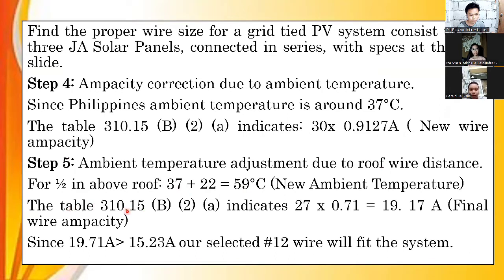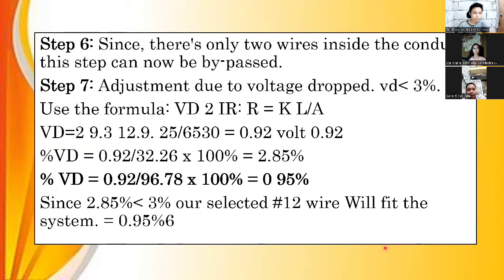So the table indicates 27 times 0.71, equal to 19.17 amperes. Since 19.71 amperes is greater than 15.23 amperes, our selected wire number 12 will fit the system. So the wire chosen is number 12, which is suitable for that problem.